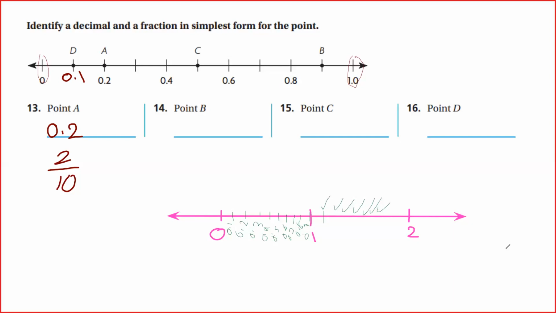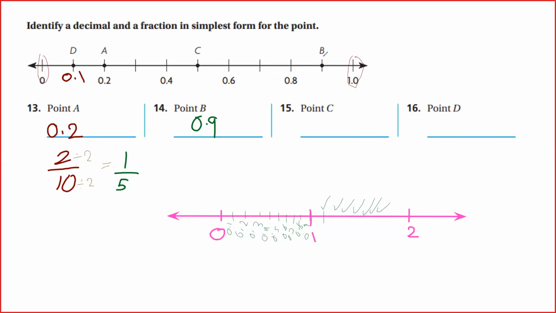By 5 or by 2? By 2. Bravo. Then 2 over 2 is 1, and 10 over 2 is 5. Bravo. Now Rand, number 14. Point B. Where's point B? It's here. What's the decimal number that represents B? Bravo. 0.9. Thank you, Rand.